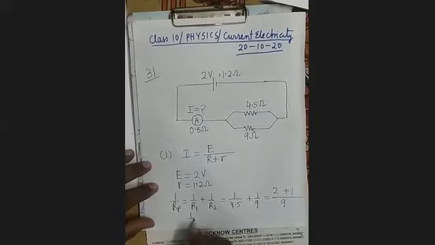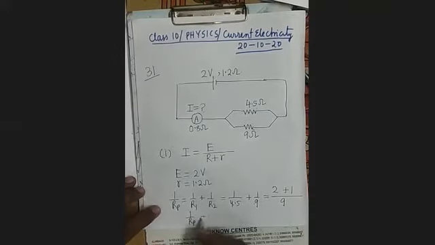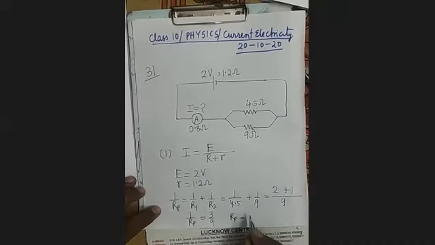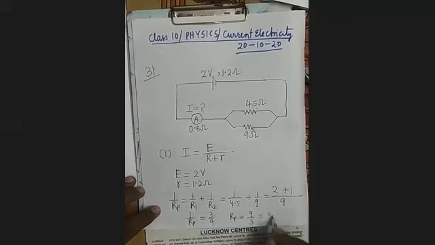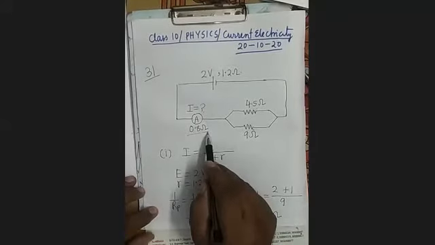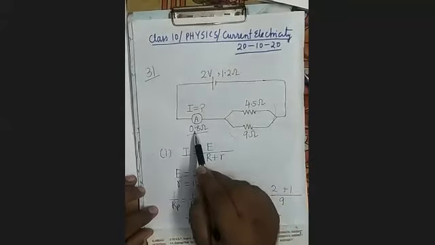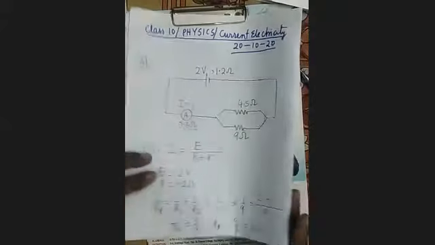So 1/Rp will be equal to how much? Rp equals 3/9. So what will be Rp? 9/3, that is equal to 3 ohm. पर अभी ये भी है, तो कितना टोटल एक्सटर्नल रेजिस्टेंस हो जाएगा? 3 plus 0.8.